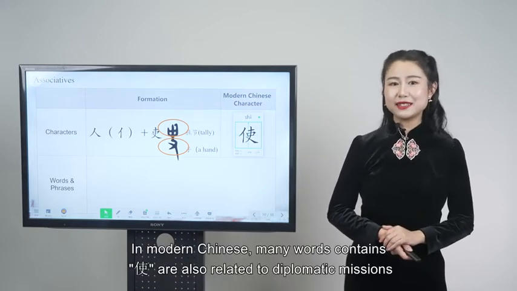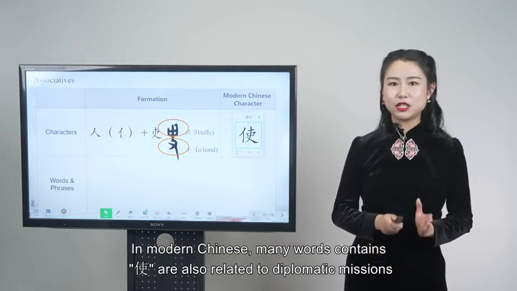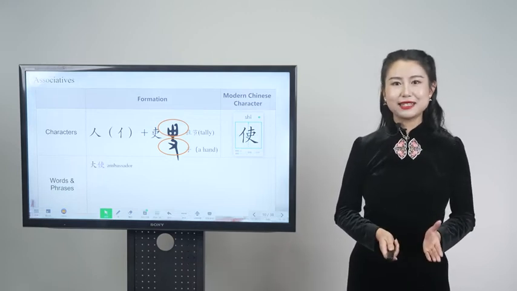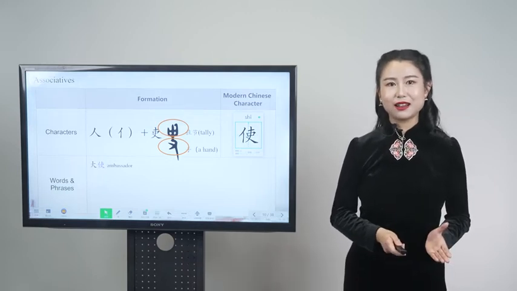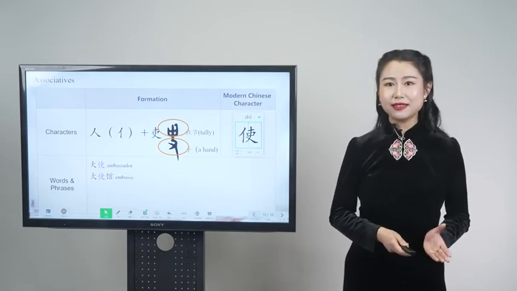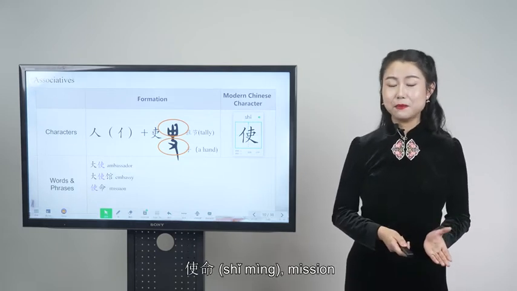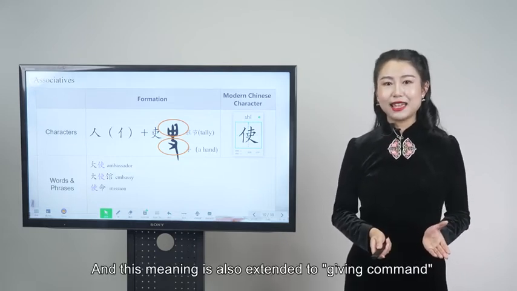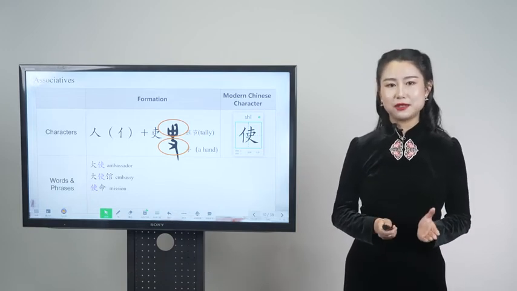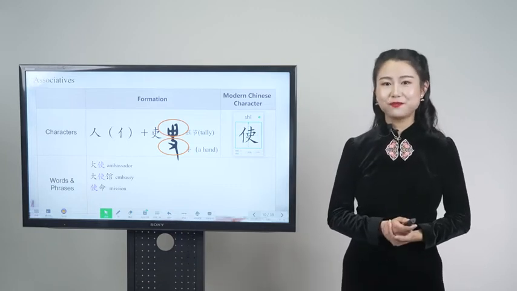In modern Chinese, many words containing 使 are also related to diplomatic missions, such as 大使 ambassador, 大使馆 embassy, 使命 mission. And this meaning is also extended to giving command, which is equivalent to asking or making.